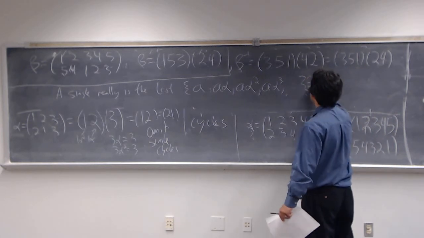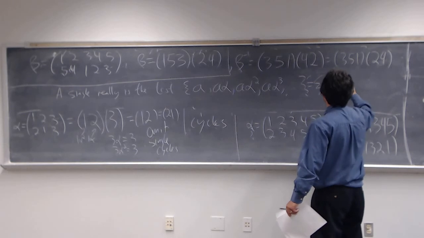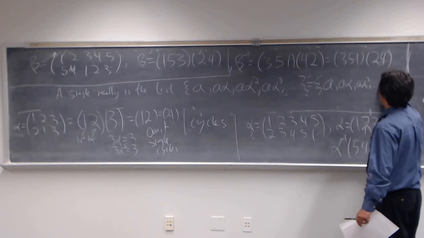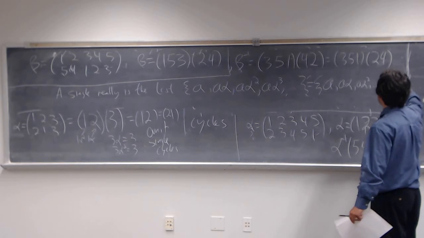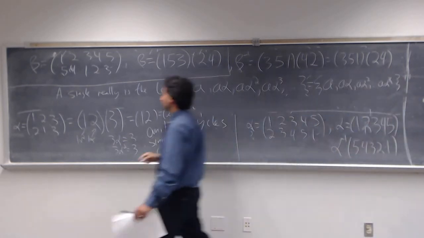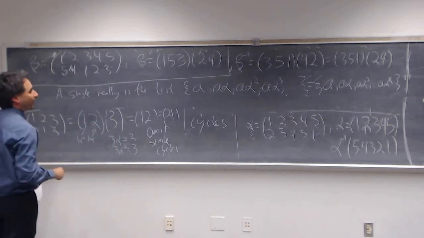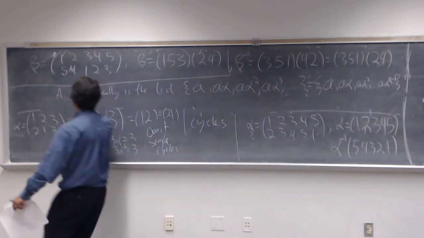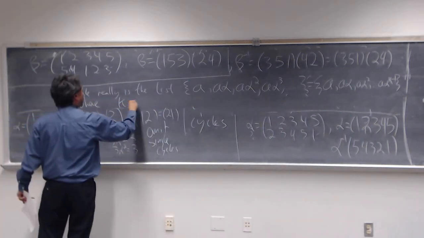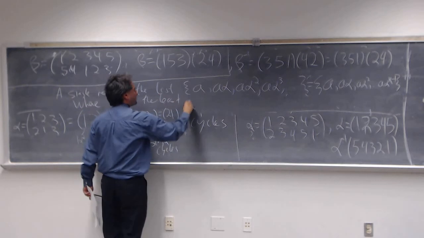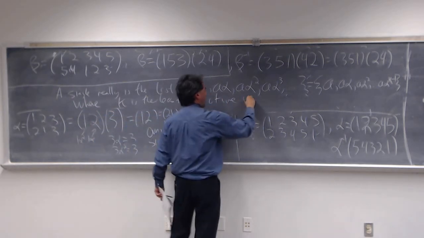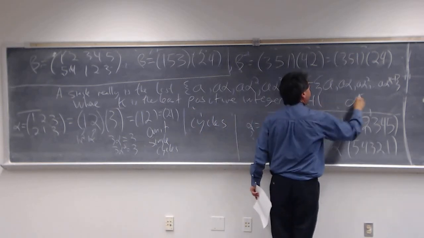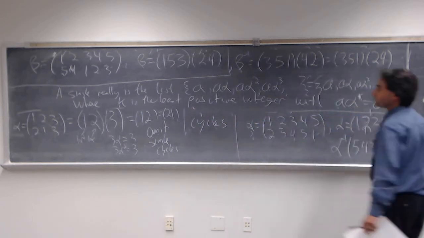But we can write it as alpha applied to A, alpha squared applied to A, etc., alpha to the K minus 1 applied to A, where K is the least positive integer with alpha to the K taking A back to A.